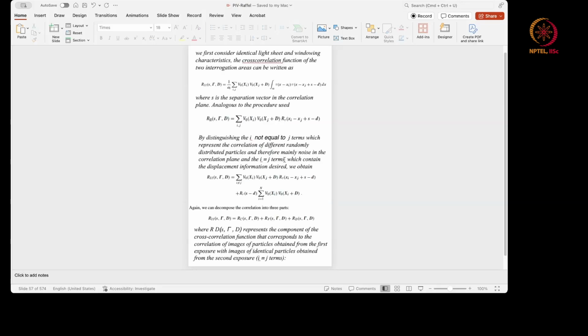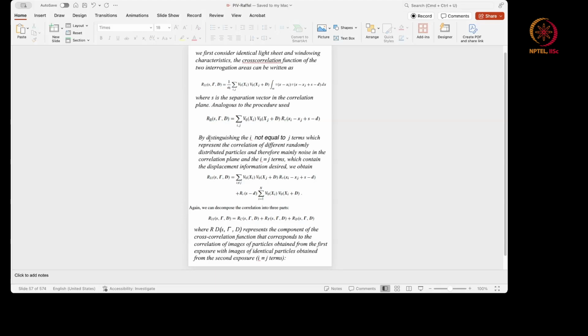So we first consider identical light sheet and windowing characteristics. So it's the same, and the cross correlation function of these 2 interrogation windows is given as this. S is a separation vector, which is used in the plane, and then analogous to the previous procedure that we used, we get this.